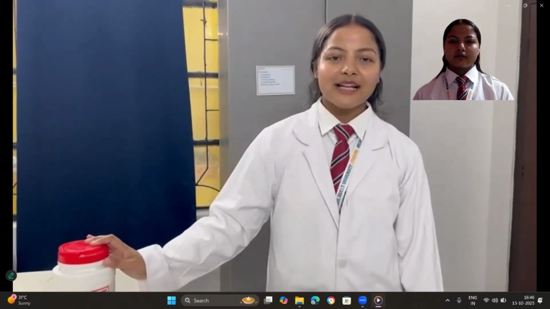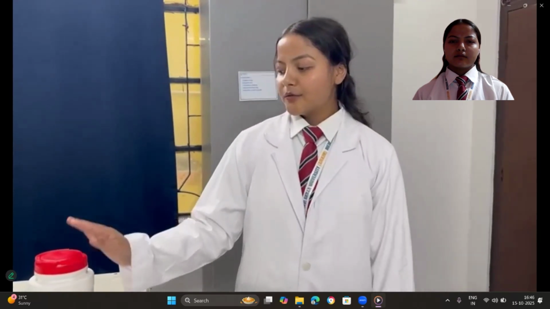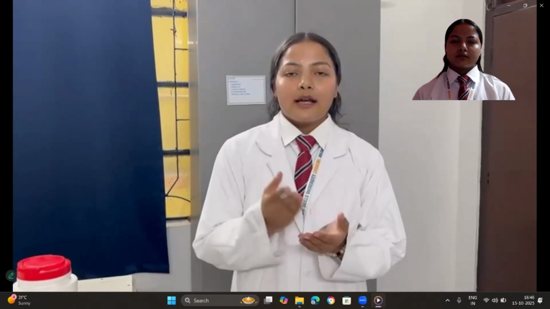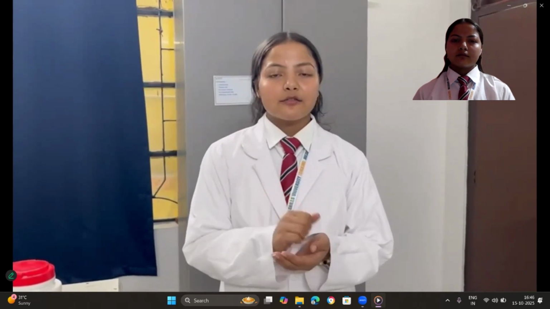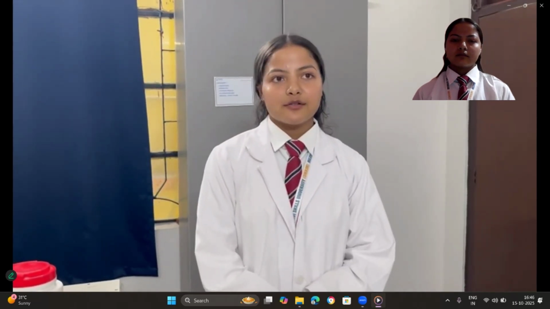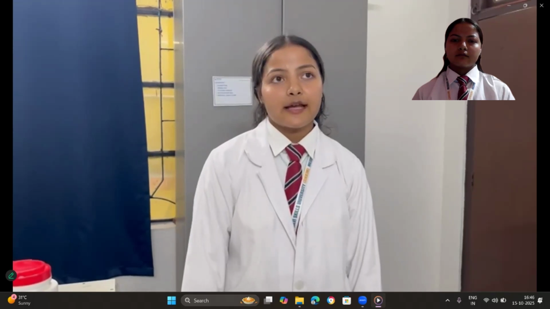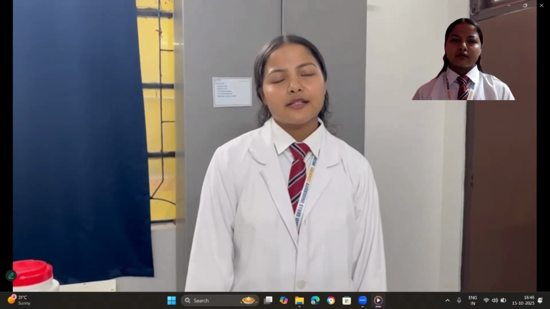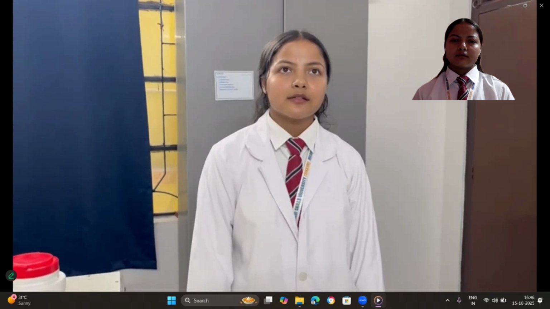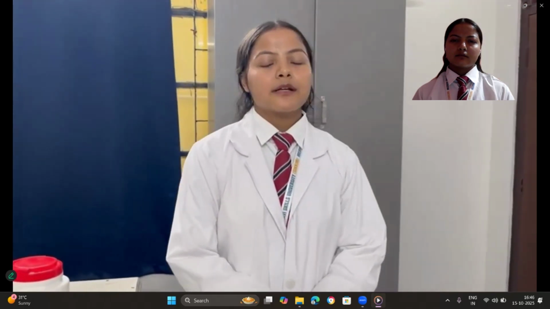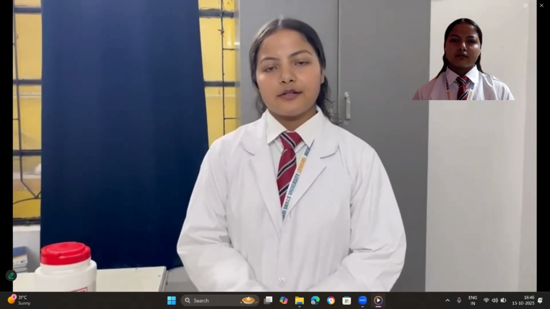The patient drinks this barium sulfate and it coats the lining of the esophagus, and we'll be able to see the movement and shape of the esophagus. This test is very useful to diagnose ulcers, tumors, reflux, and also swallowing disorders.